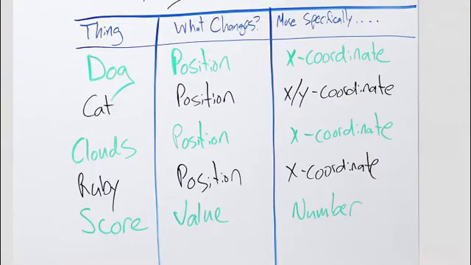The dog, ruby, and cloud only need to keep track of their x coordinates, while the cat needs both the x and the y coordinate. And the score is a simple number. In total, that means the entire Ninja Cat game can be modeled using only 6 numbers.